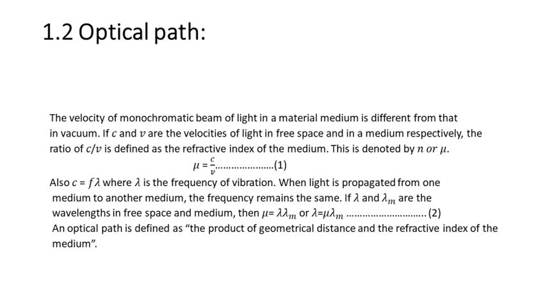If lambda and lambda m are the wavelengths in free space and medium, then mu is equal to lambda by lambda m, or lambda is equal to mu lambda m. Let us call it equation 2. An optical path is defined as the product of geometrical distance and the refractive index of the medium.